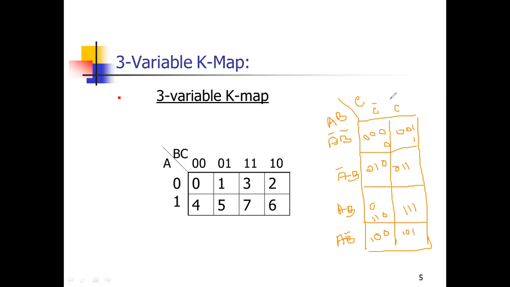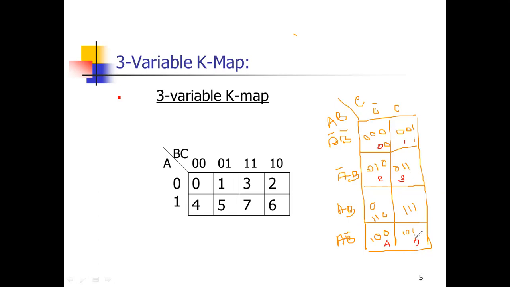Please listen carefully again. Since Karnaugh maps are designed based upon the gray code method, this is 0, 1, 2 here, 3 here, and 4 should not come here; it is 4, 5 the other way.